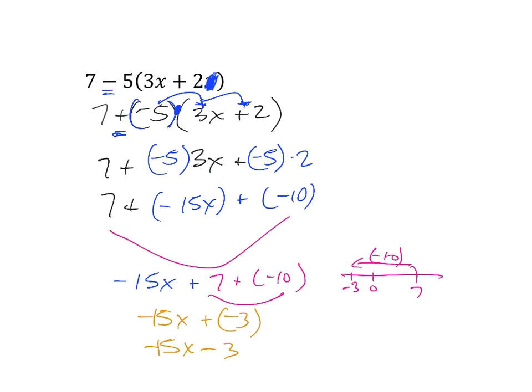And remember that this is the way they're going to expect you to do it. Negative 15x minus 3 is the simplest form of that expression. But negative 15x plus negative 3 is acceptable in 7th grade, because it still communicates you know what your two separate terms are, and you're not combining unlike terms.